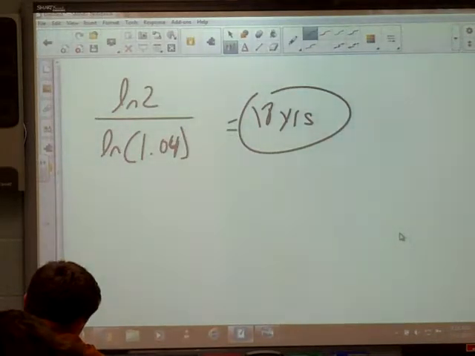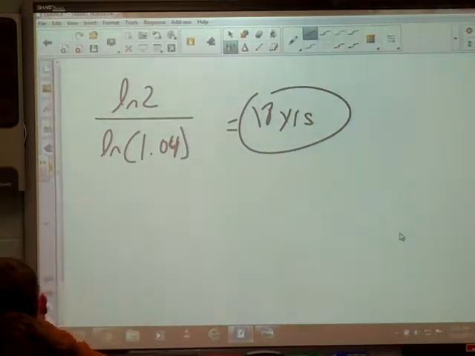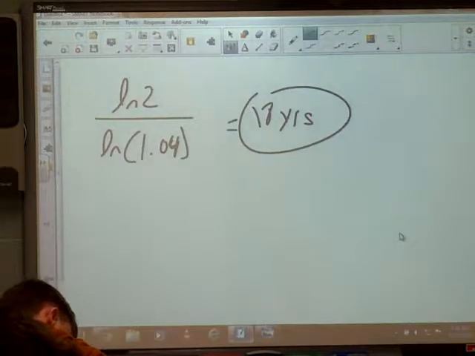Okay. Had to turn it to 0.04 because it was 4%. Oh, you did it in steps. I did that and calculated it, and I didn't know if that was all I had to do, and then I just checked it.